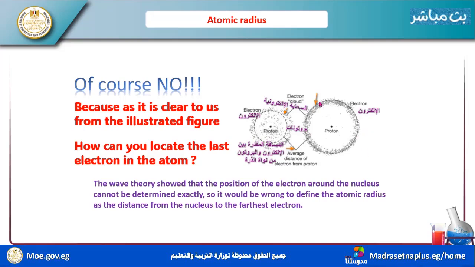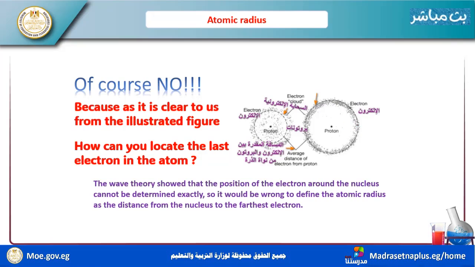Schrödinger said that electrons can be found in this region at the same places in many directions or many dimensions in the sphere.